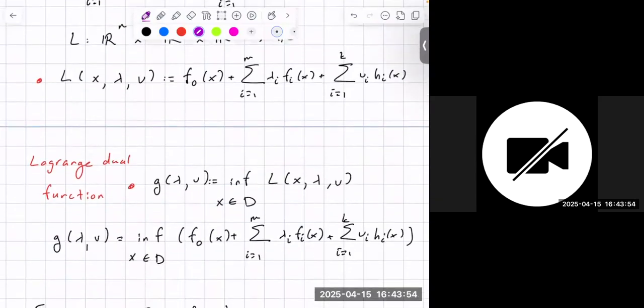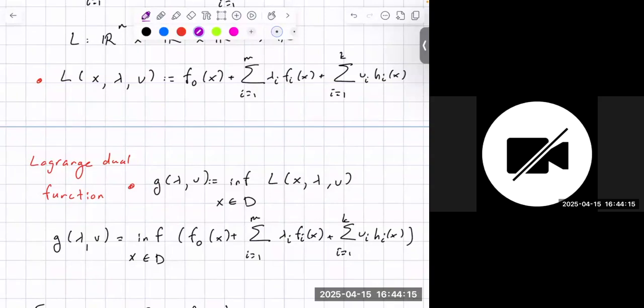I defined this function. Initially, I only got my x. This lambda and v are lambda i altogether, a vector lambda, v i altogether, a vector v. I just made them up now, right? There was no lambda and v before. Okay, now the Lagrange dual goes like this.